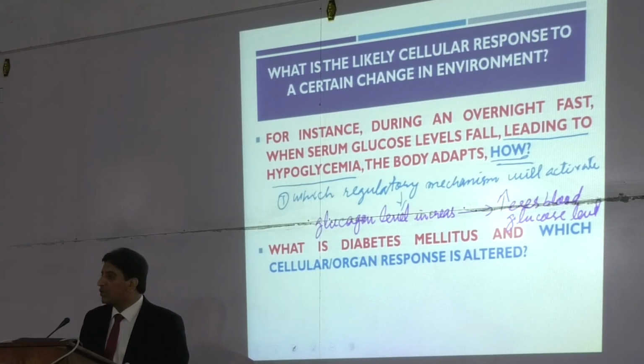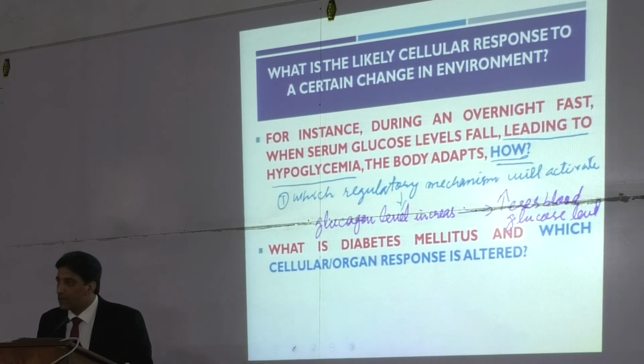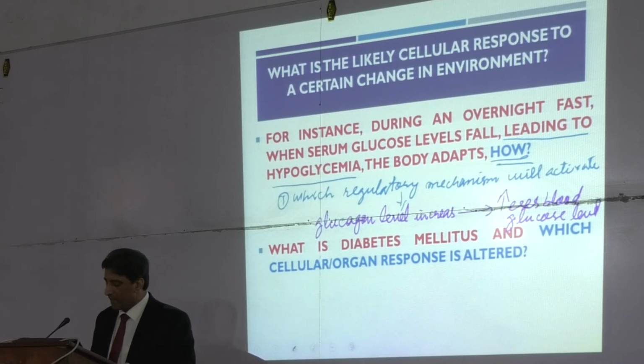What are those mechanisms? It causes breakdown of stored glycogen, and that process is called glycogenolysis. And it will also start synthesis of glucose from non-carbohydrate sources. That is called gluconeogenesis. Excellent.